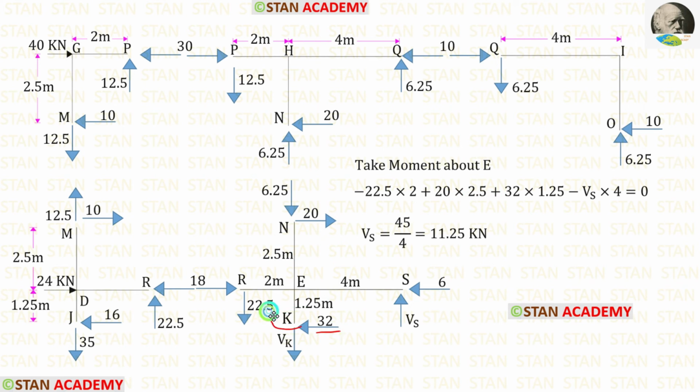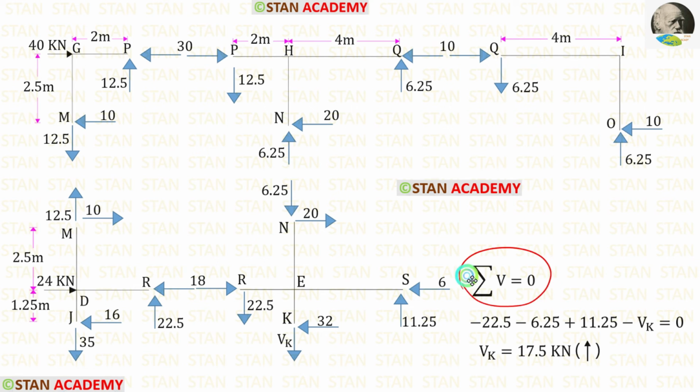This force is acting in the clockwise direction, so it will be positive and the distance is 1.25. VS is acting in the anti-clockwise direction, so it will be negative and the distance is 4. Finally, for VS, we are getting 11.25 kilonewton.